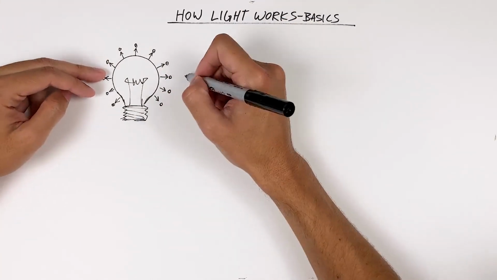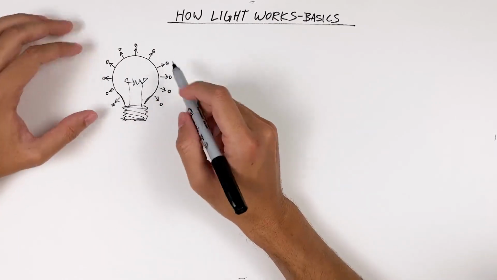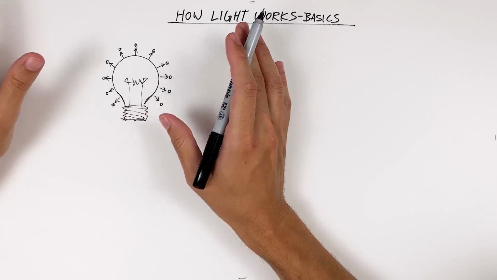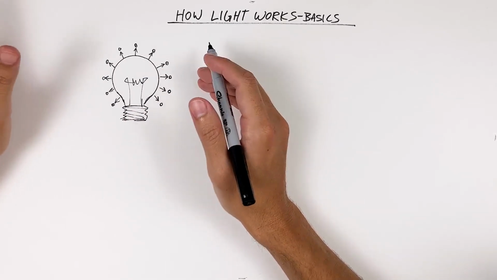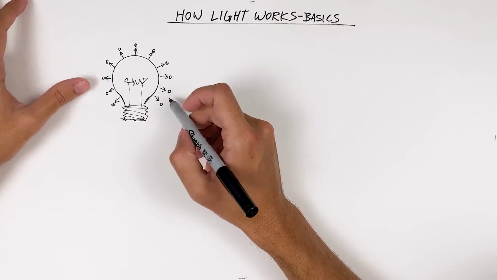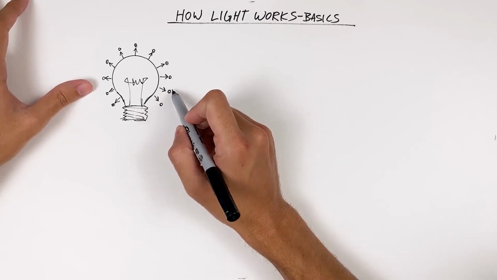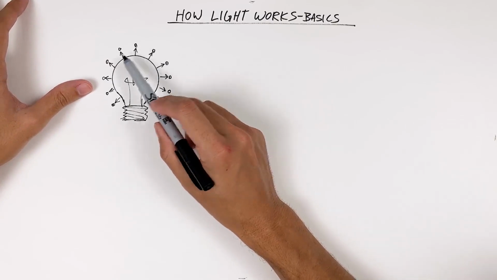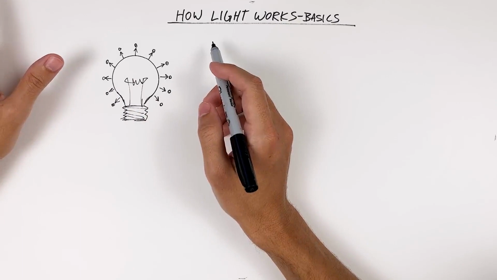It's not more intense on the right side of the light bulb or more intense on the left side. It's the same intensity on all sides as it's emitting. And now, like I said, this is a concession. We're doing this to understand this as artists. We're going to say that it emits an equal amount of evenly distributed photons in all directions.